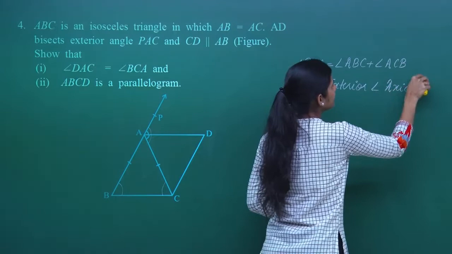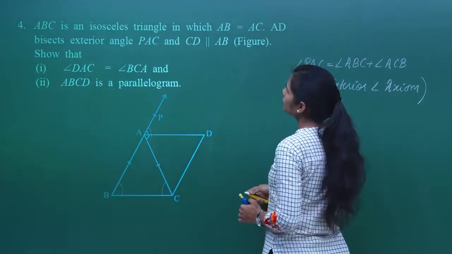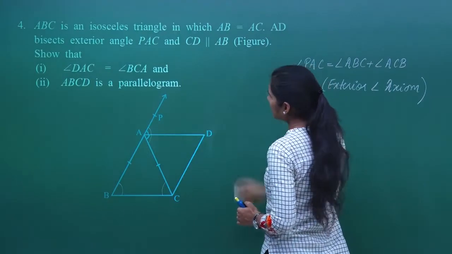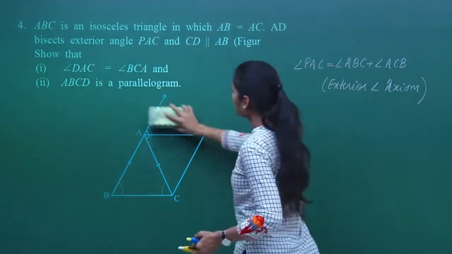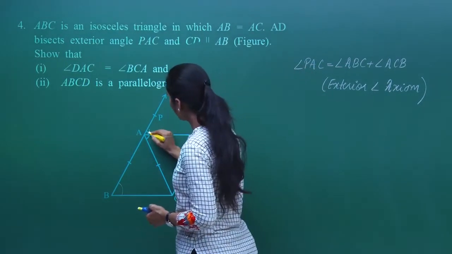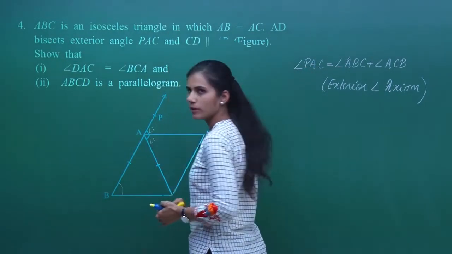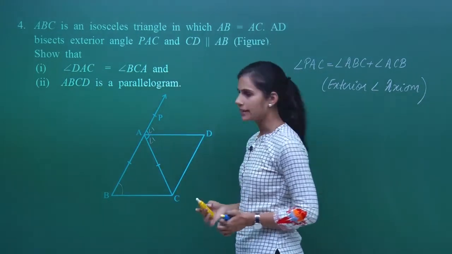That exterior angle is equal to sum of opposite interior angles. But it is given in the question that AD is bisecting PAC. AD bisects PAC. Bisects PAC means if this is angle 1, this is also angle 1. Both these are equal. AD is bisecting this complete angle, angle PAC.